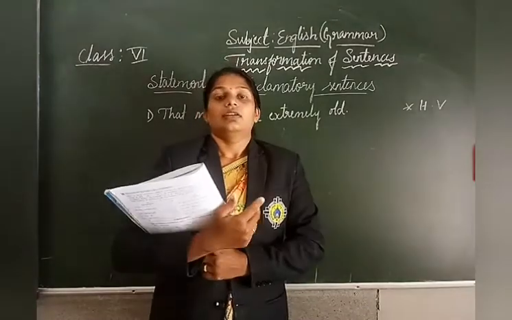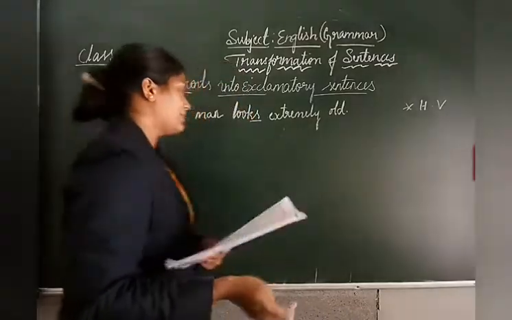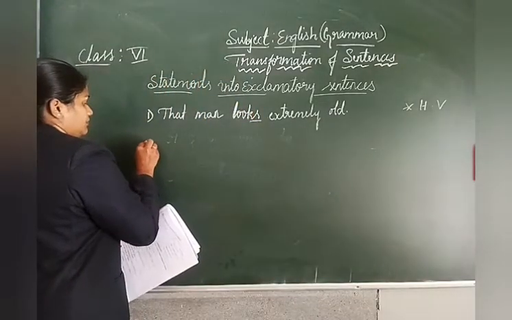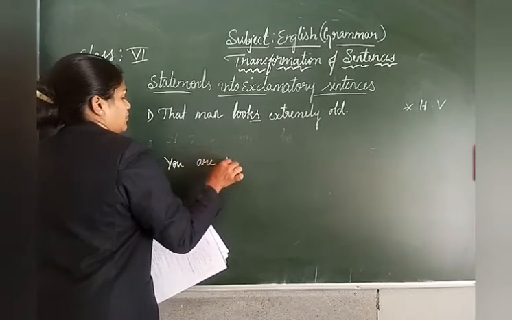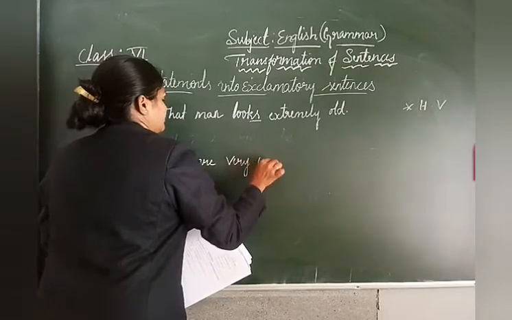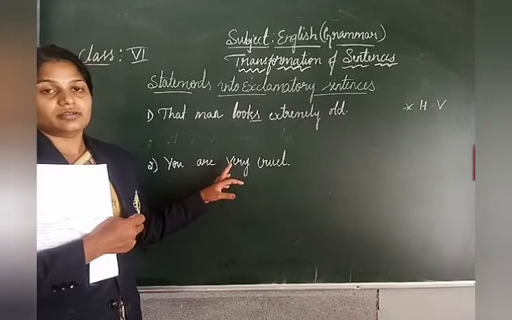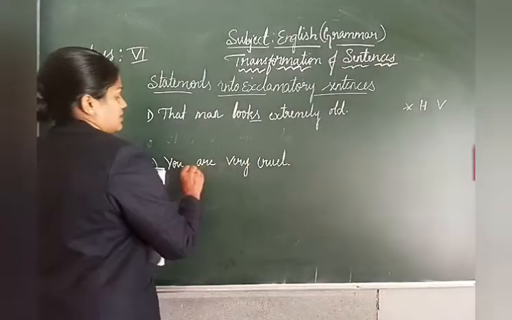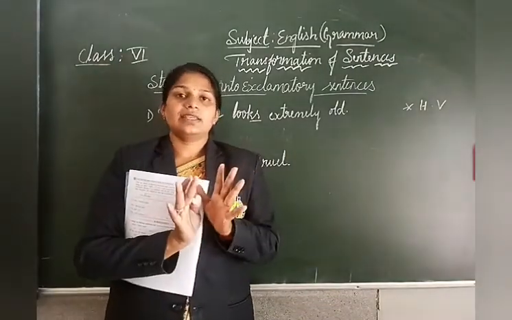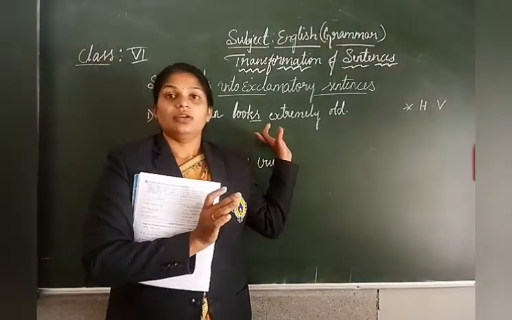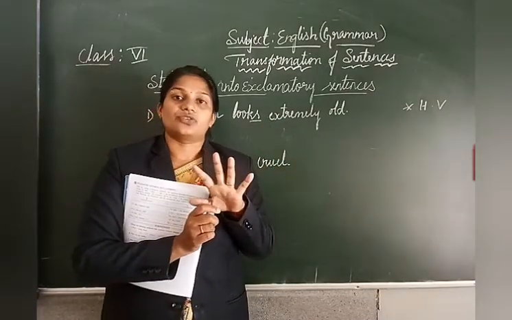Then, you are very clear. For example, you are very cruel. You can find the helping verb here. Yes, are is the helping verb. Then, if the sentence has very, so, extremely or greatly, etc., we should cross it out.